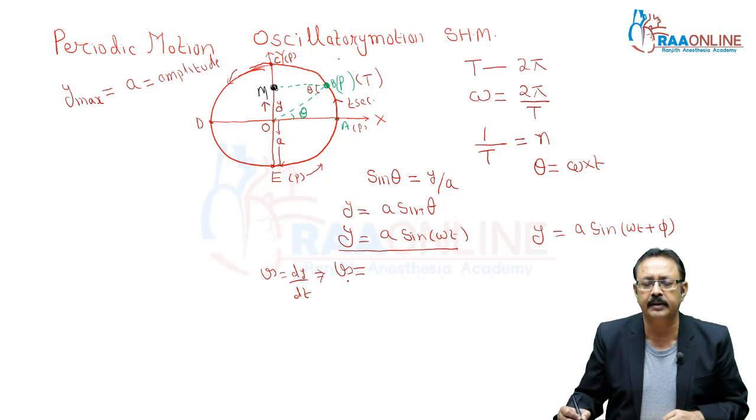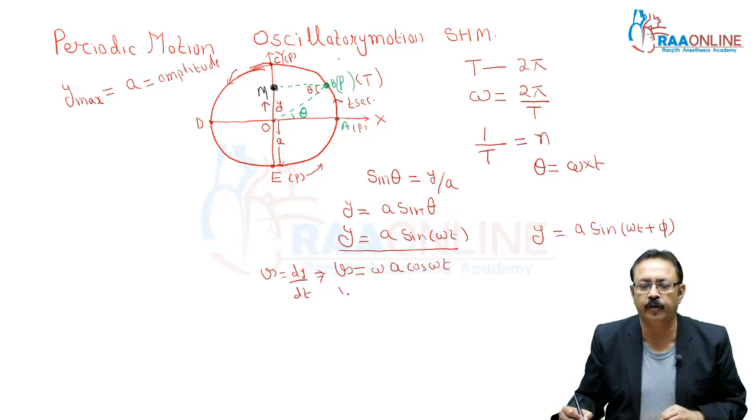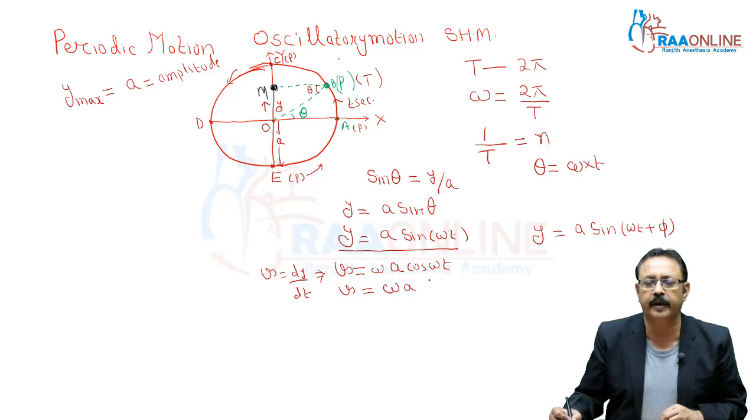You should know the differentiation: differentiation of sin omega t is omega cos omega t.